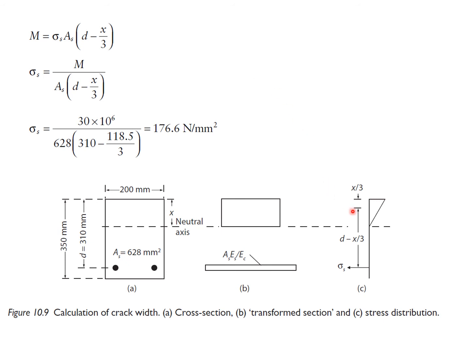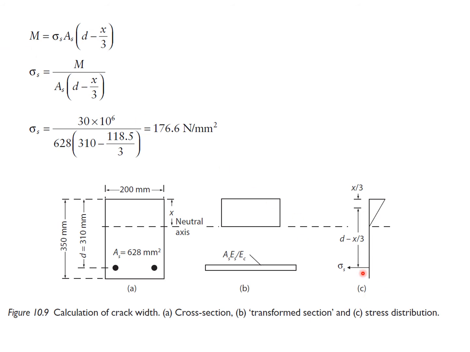Now, if we take moments about the centroid of this compression block, we can work out the bending moment that is developed by this. Actually, we're already given the moment in the question. It says that the moment is 30 kilonewton meters. So taking moments about this centroid, we can say that the force here multiplied by the lever arm is equal to the applied moment.